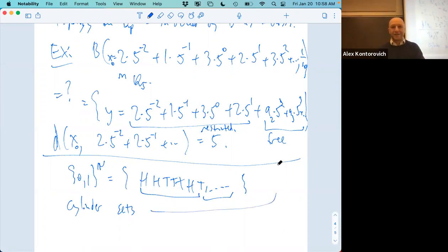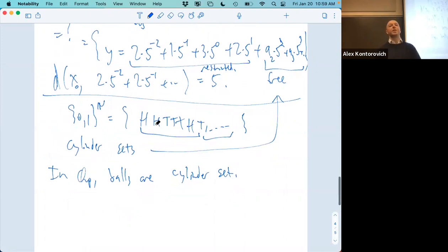So in Q_p, the balls are these cylinder sets. Every open ball is a cylinder. This is exactly what goes on two-adically, but it's no different. I mean, instead of 0, 1, we have 0 to p-1 to the n. Well, this is actually Z_p.